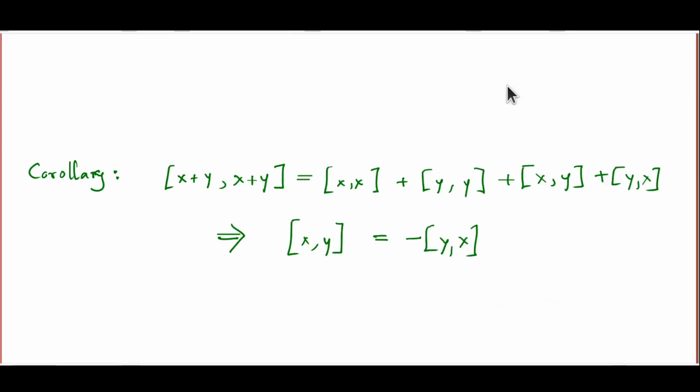To see this, all you have to do is start from the bracket of x plus y with itself. Now this of course has to be 0 according to our defining property, but using the fact that this bracket, like all operations in an algebra, is bilinear, you can immediately break this up into 4 pieces. This breaks up into [x, x], [y, y], [x, y], and [y, x]. And according to our defining property, [x, x] is 0, so is [y, y].